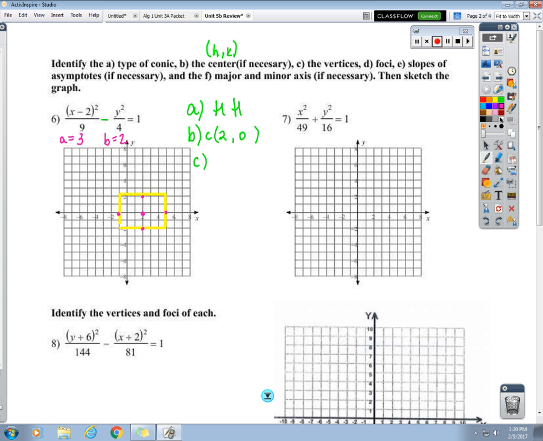Okay, we already said that this is a horizontal hyperbola, which means it will open right and left, correct? Now, when they ask for vertices, what are they talking about?